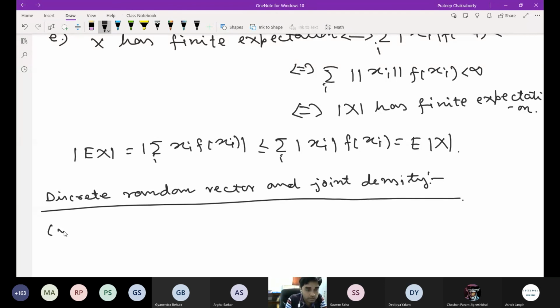Again, we start with a sample space, the collection of events, and the probability. So this is a probability space.